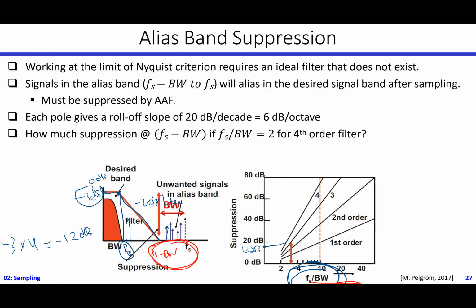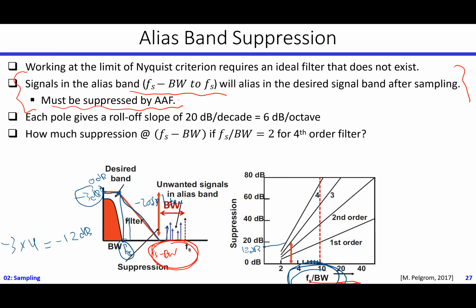You got it? So again, this line is important. Signals in this band, fs minus bandwidth to fs, will alias back into our original signal, and therefore we want our anti-aliasing filter to suppress them.